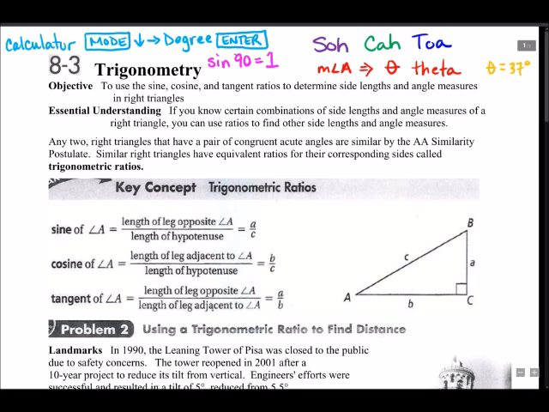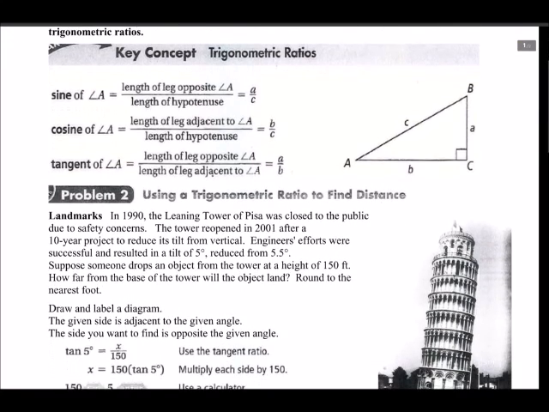Our objective is to use the sine, cosine, and tangent ratios to determine side lengths and angle measures in right triangles. Of course it's right triangles because that's what chapter 8 is about. So let's get into this here.